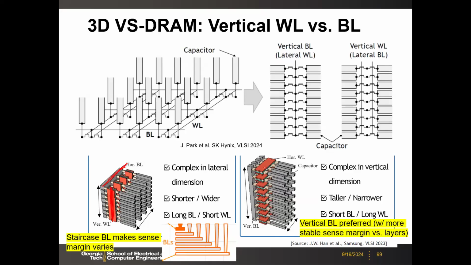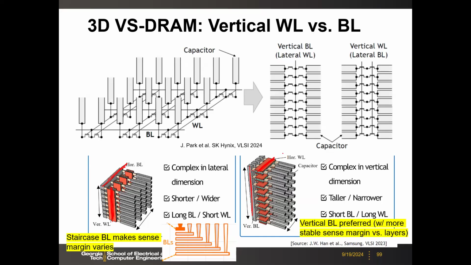Or you can do the other way, right? You can connect all those 1T1C horizontally by sharing the word line horizontally. Then at the end, the source here, those bit lines should be vertical. Okay. So this is a vertical bit line and the horizontal word line. There would be some differences in the design.